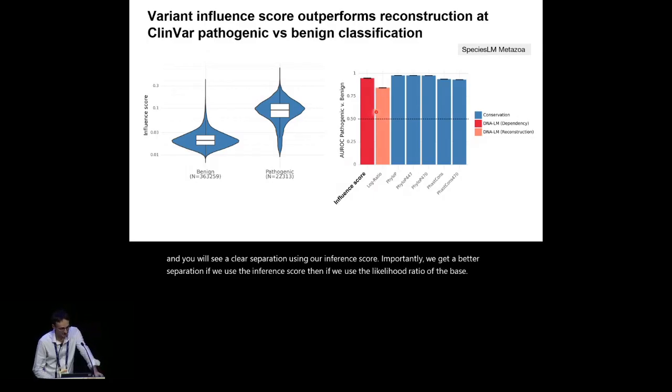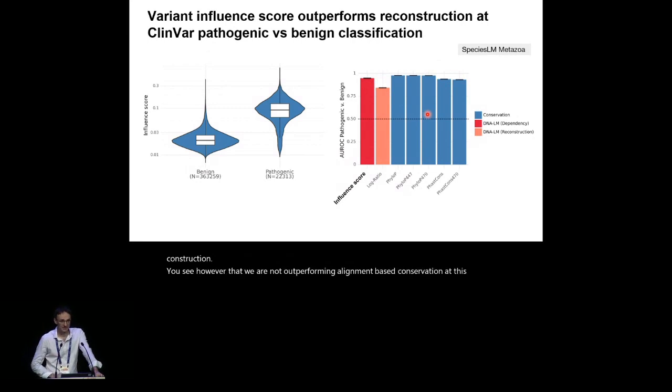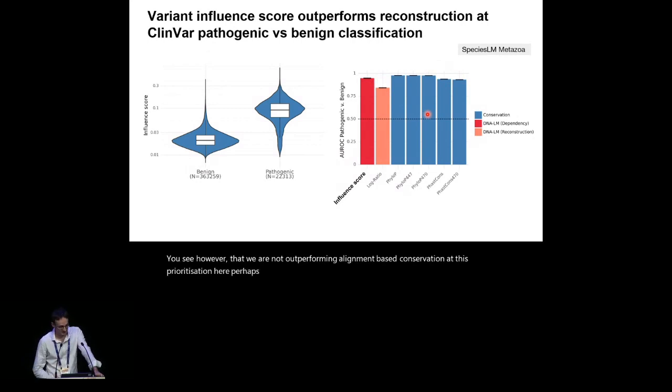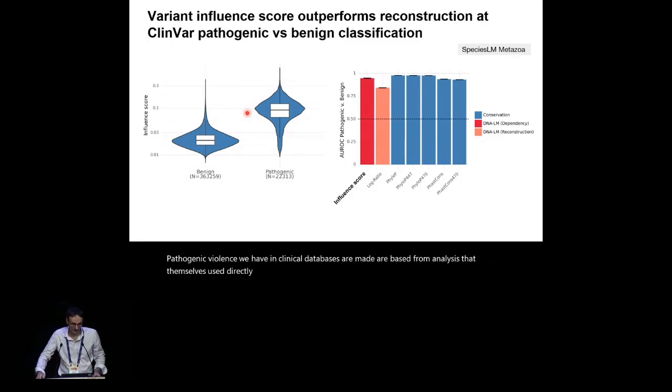This is done using the very same DNA language model. We don't change the DNA language model, we just use the influence score instead of a reconstruction. You see, however, that we are not outperforming alignment-based conservation at this prioritization. Perhaps one reason for this is that all pathogenic variants we have in clinical databases are based on analyses that themselves used, directly or indirectly, conservation. So there's perhaps a bit of circularity there.